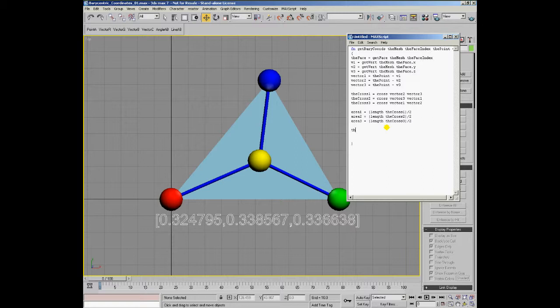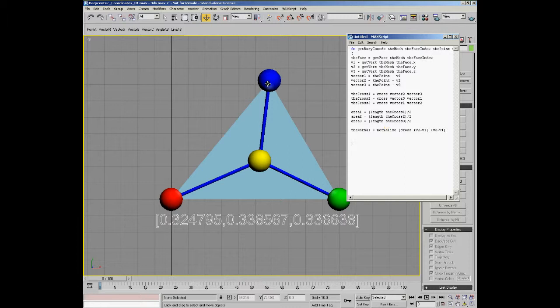Now we can calculate the normal vector of the actual face using the cross of the second vertex minus the first vertex and the third vertex minus the first vertex.